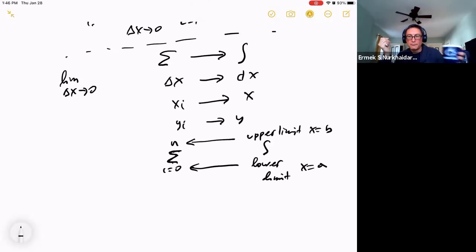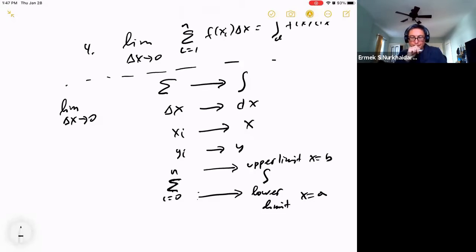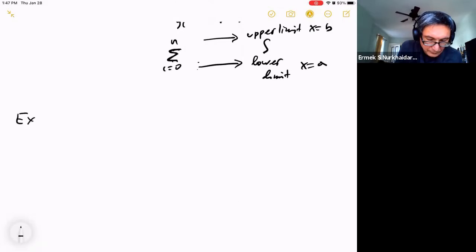Just a quick reminder. And now we'll try to do a related example. Say I have a cap here and I want to calculate its volume.